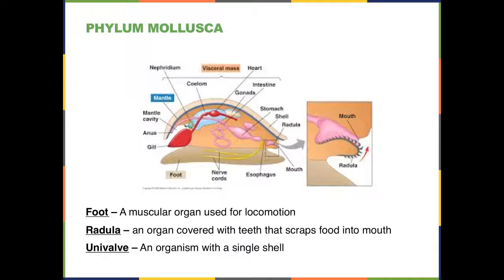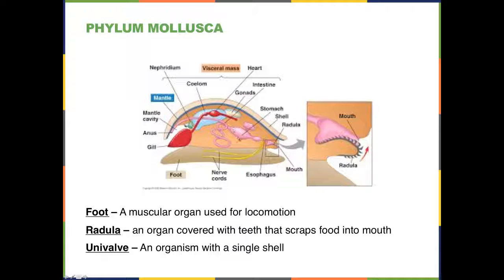And the snail has an organ in its mouth with a scraping material that scrapes food, and this is called the radula. And here you see it right here. And it moves along and it can scrape food and then take it into its digestive system.